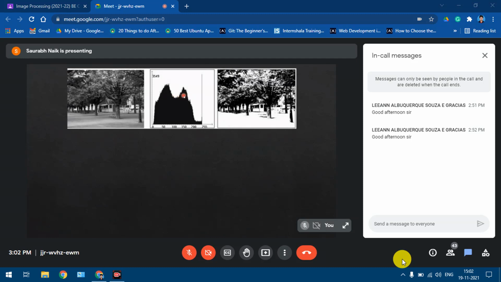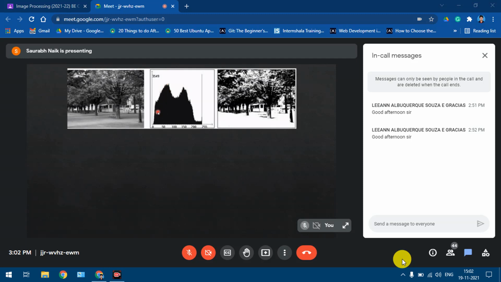The rest are set as white, or 1, or the highest pixel value. Let's say that this is my object pixels and this we are assuming as background pixels. Then all the pixels greater than this threshold value will be considered as white, and below this threshold will be considered as black.